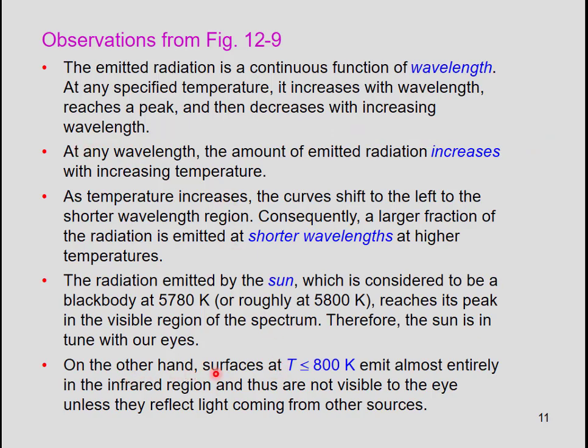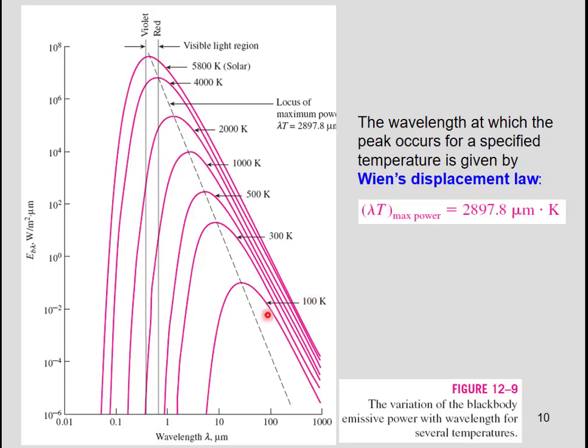And on the other hand, a surface with a temperature lower than 800 Kelvin emits almost entirely in the infrared region and thus is not visible to the eye unless it reflects light coming from other sources. This part here is 1000 Kelvin. You can see that in some part of the wavelengths we can see the object at this temperature.